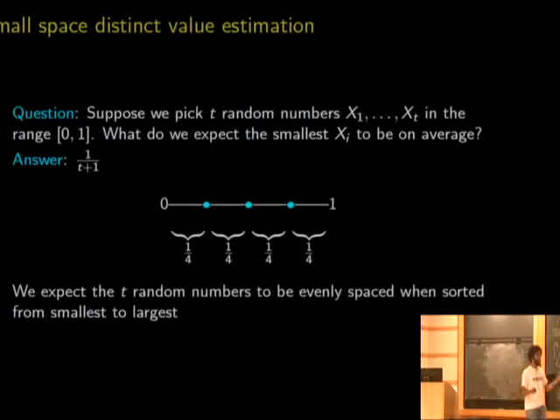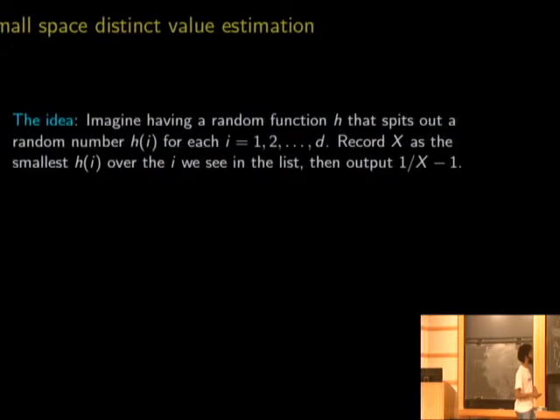So what does this have to do with the problem that I just told you? Well, here's an idealized algorithm. Imagine that I had a random function h that, when it sees an integer i, spits out h(i), a random number in the continuous interval 0 to 1. What's my algorithm going to record in memory?